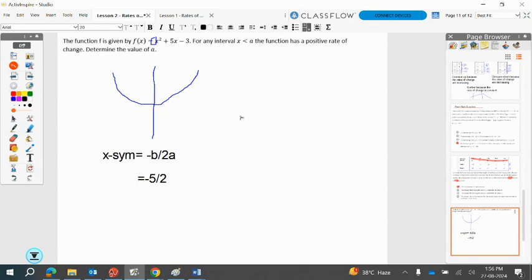We can see that also by completing the square. f of x is equal to x minus 5 over 2 all squared minus 5 over 2 squared minus 3.